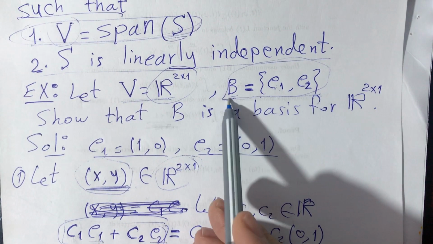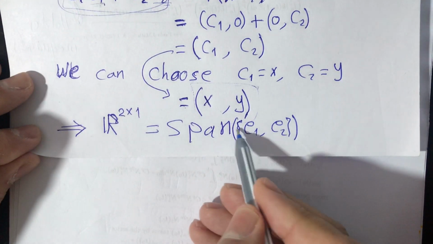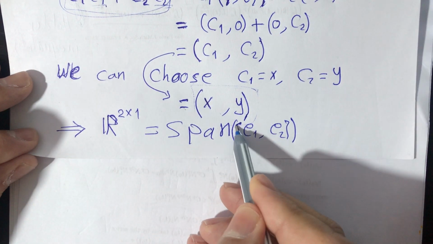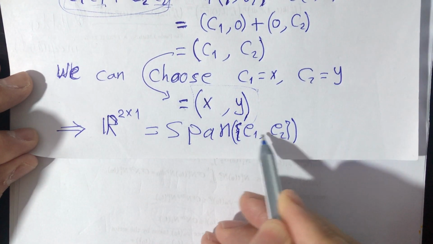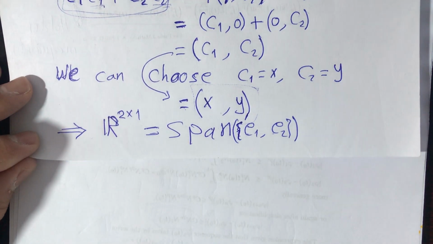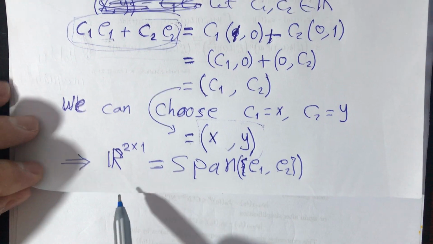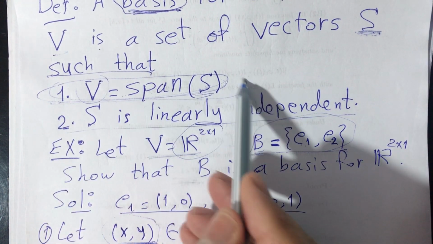We can call it B, it is the same. There is equality here, so span E1 E2 equals R2 times 1. That means we satisfy the first condition.